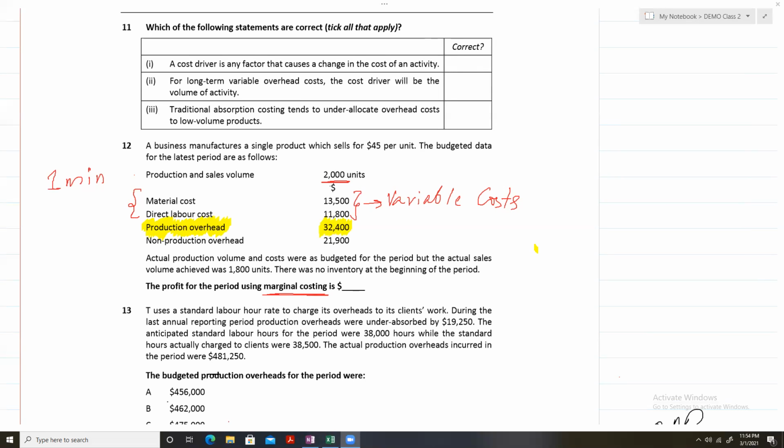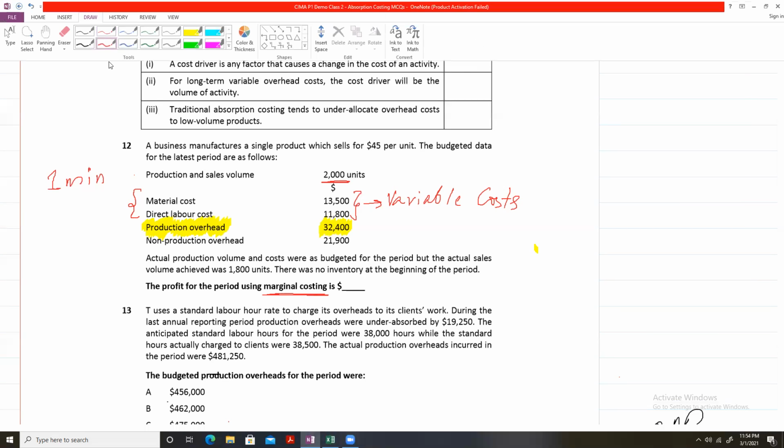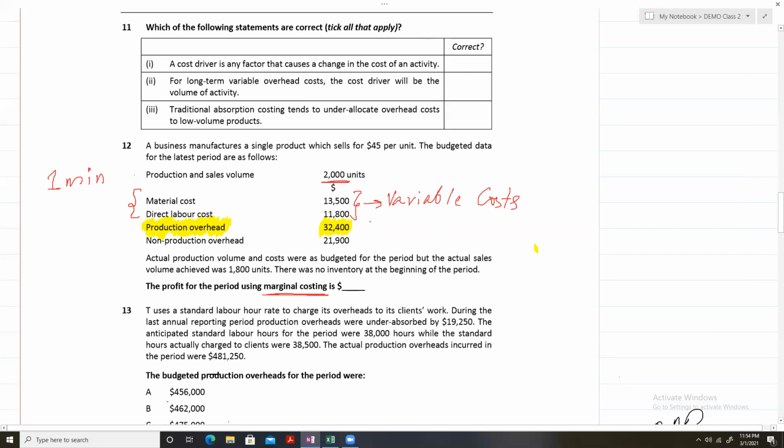So how did Admire arrive at this answer? How did Admire get 12.65? Let me tell you. Just add up these two variable costs, 13,500 and 11,800. You will get 25,300.